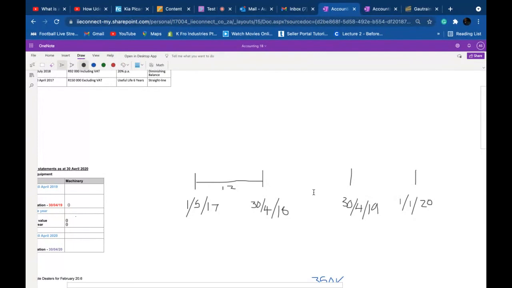Okay. Just gonna put a 20 there. So here we have another 12 months. But here we have less than 12 months. So we're saying May, June, July, August, September, October, November, and then December.